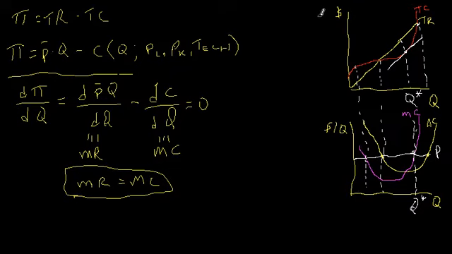On the upper set of axes here, we have total revenue, and the total revenue curve is a straight line that passes through the origin, and we can see that total revenue has a slope equal to P bar, the price. The red line here, the sort of snaky line that's sketched out in red, is the total cost curve.